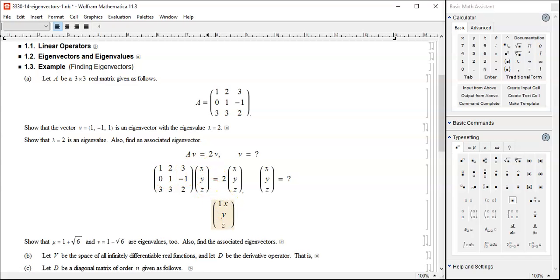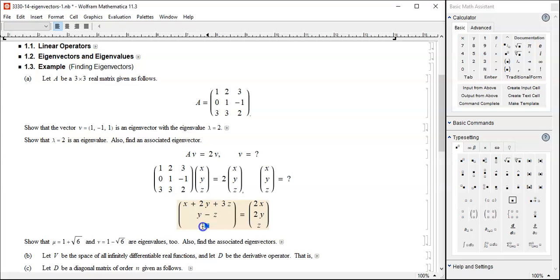So 1x plus 2y plus 3z is equal to 2x, but nobody writes it as 1x. Just x is fine. And then this one is 0x plus 1y minus 1z is equal to 2y, but nobody writes like this. It's just y minus z.